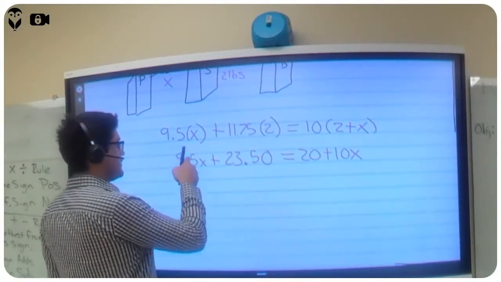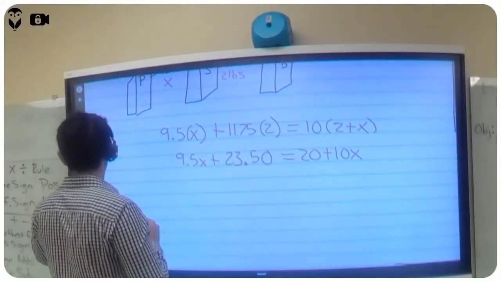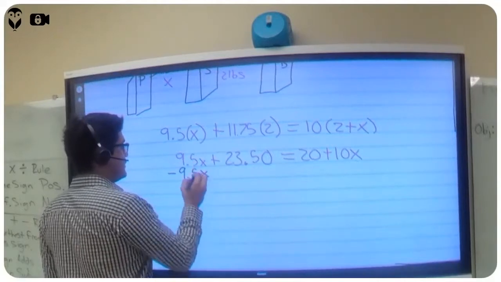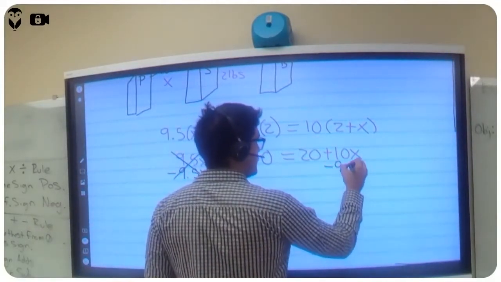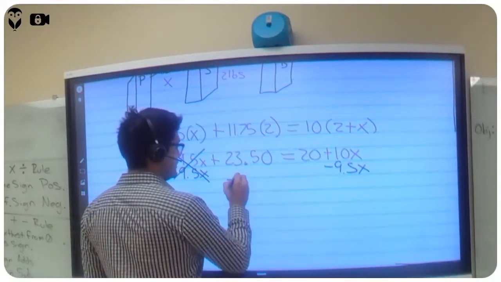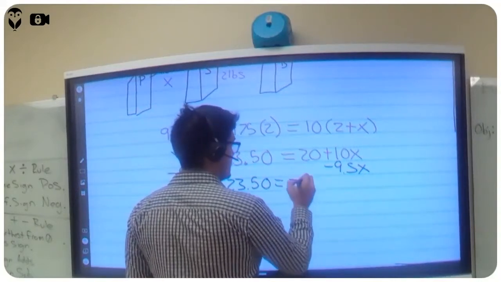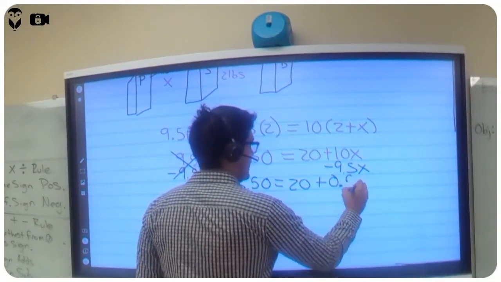We're going to subtract the 9.5x from this side. Now it's gone. Now we're left with 23.50 equals 20 plus 0.5x.